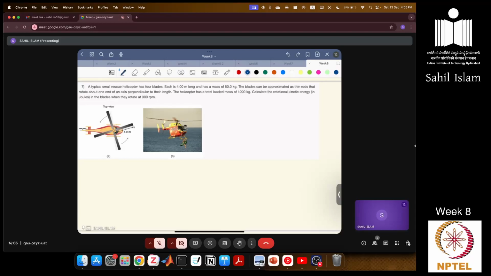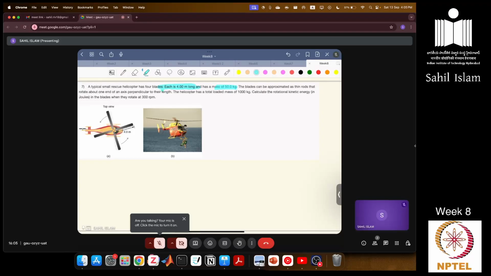Question number 7, there is a helicopter problem. The typical rescue helicopter has 4 blades. Each is 4 meter long and has a mass of 50 kg.